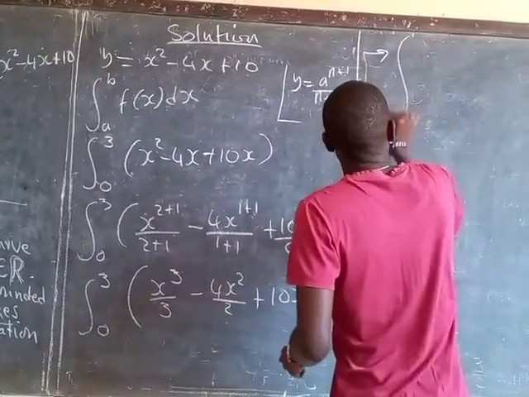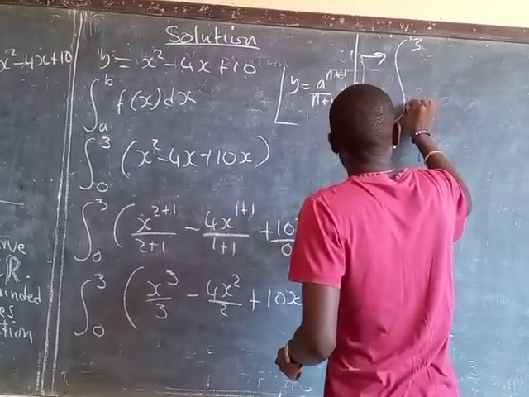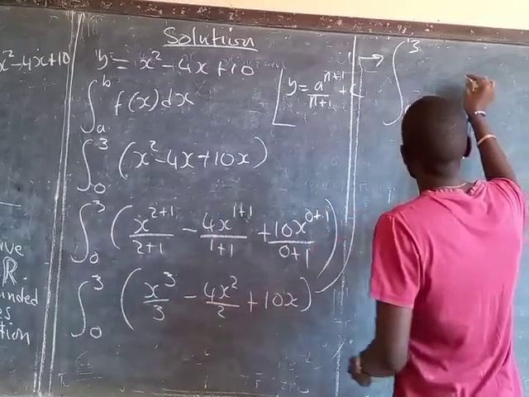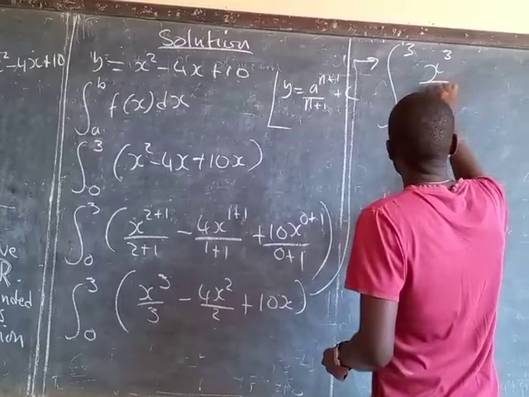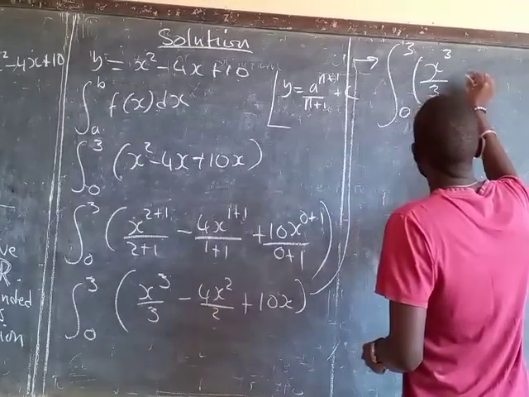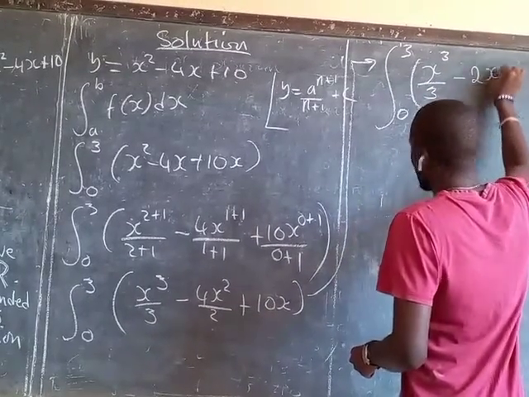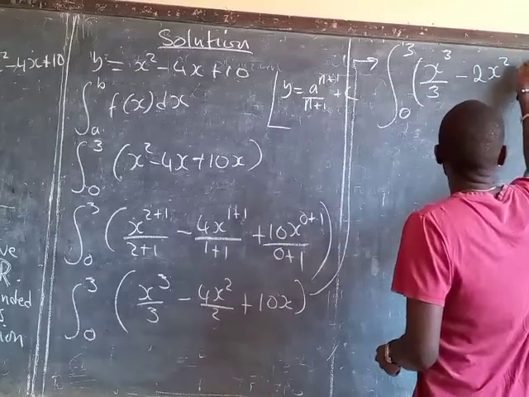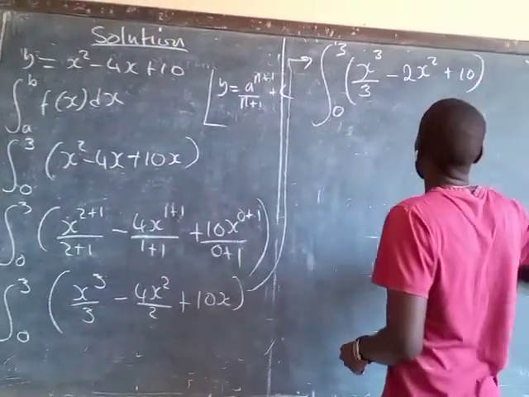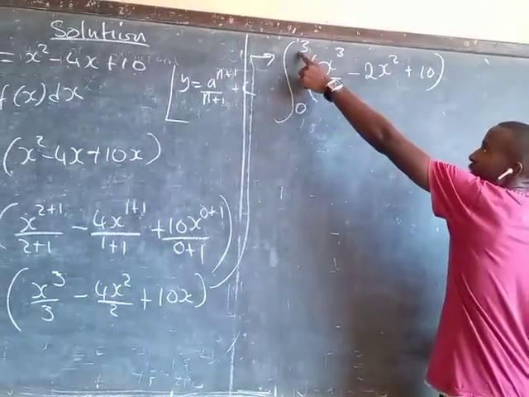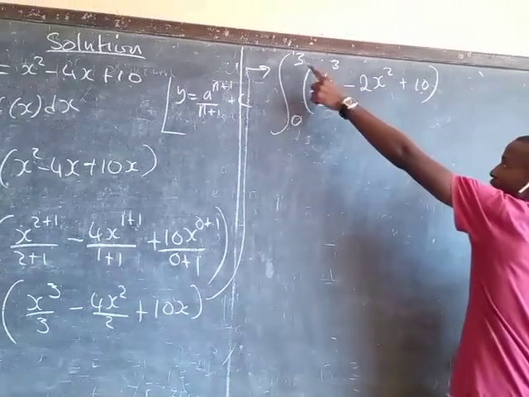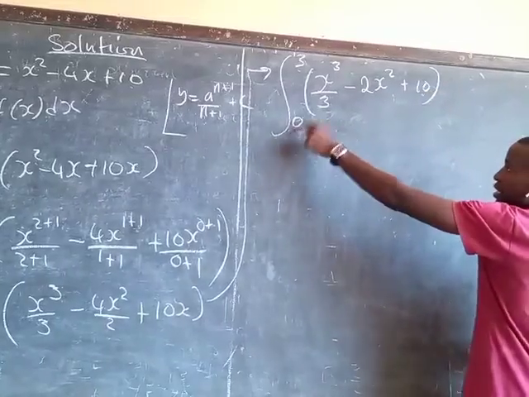We say that the integral from 0 to 3 of x to the power 3 over 3, minus 2x to the power 2, plus 10x. So when you have it like this, now you are going to use the upper limit, replace wherever there is x with the upper limit and subtract with the lower limit.